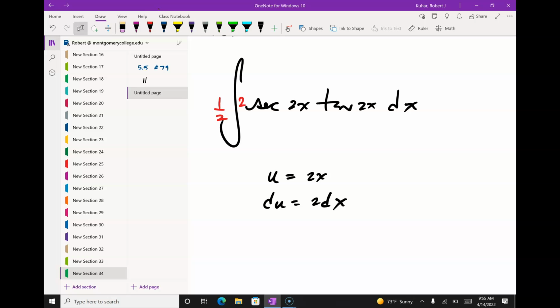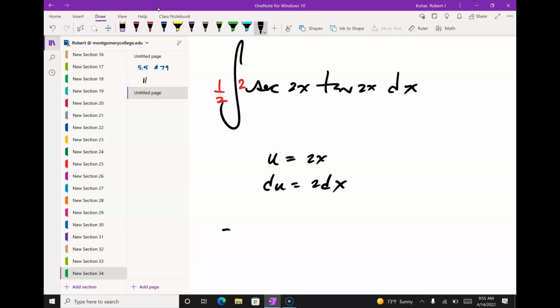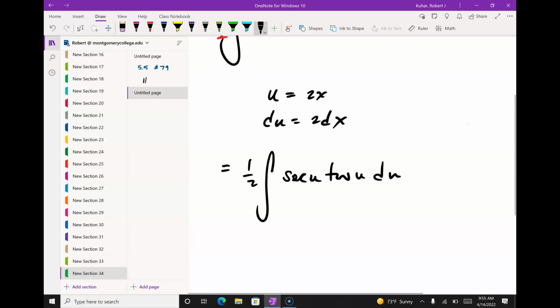Why? Because I want to make du happen. I want to make sure I have 2 dx inside of my integral. So now what do I have? I have 1/2 of the integral of secant u tan u du, and this is done because the answer is secant u, right?